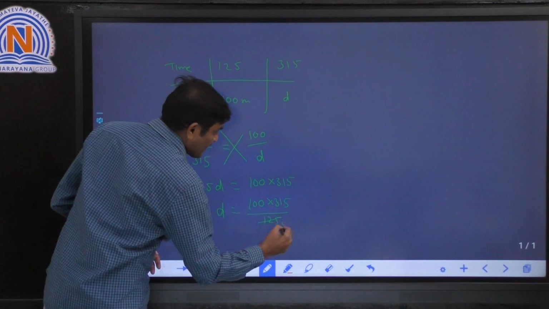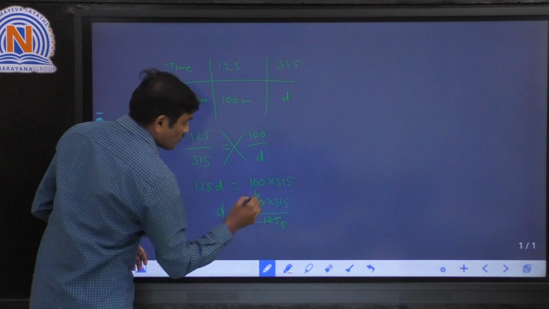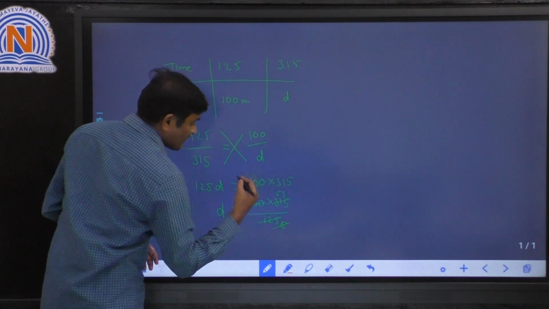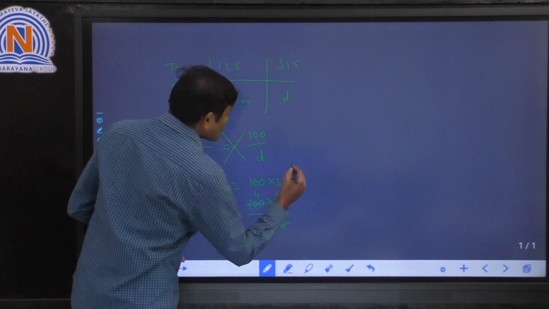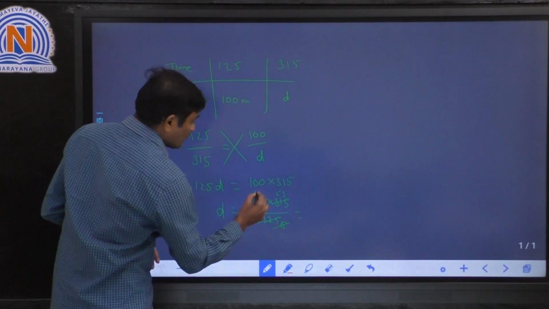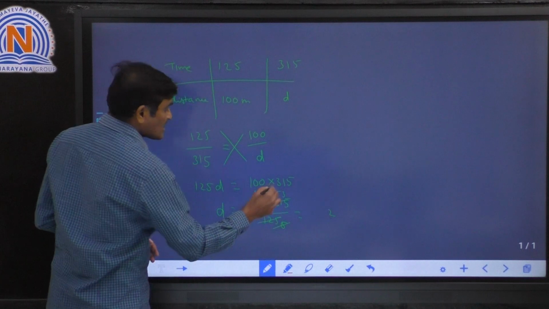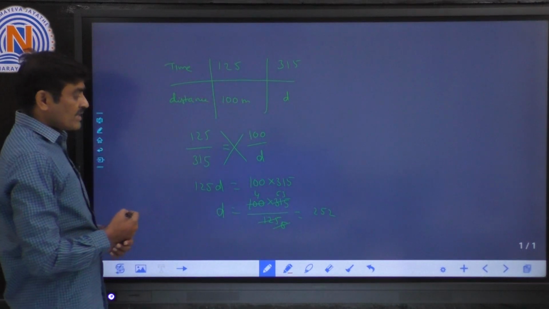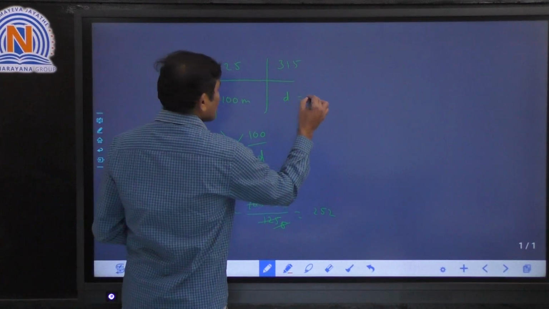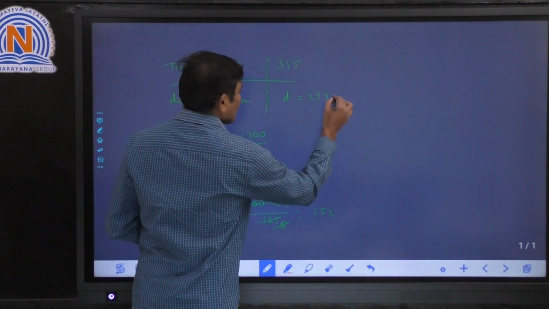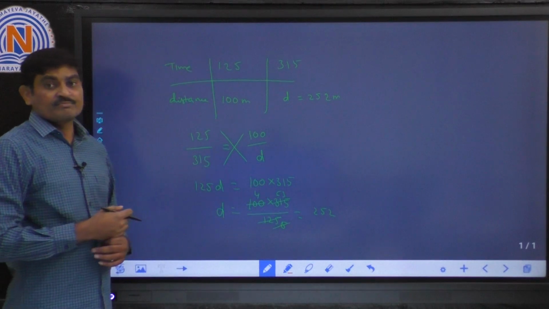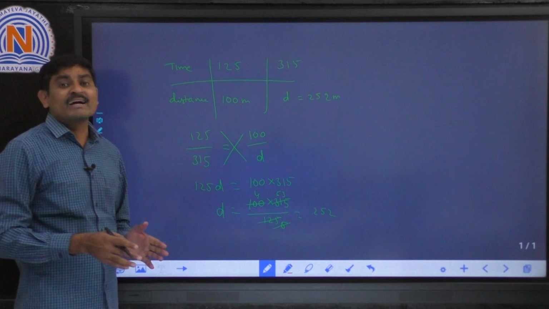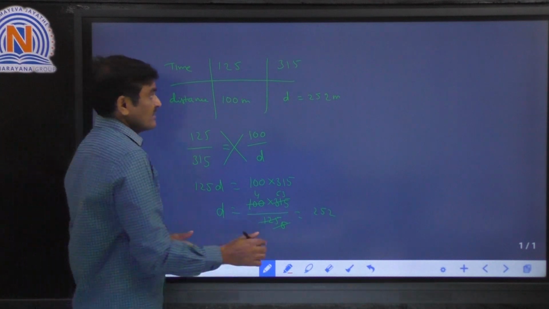Now 25 fives are 125, 25 fours are 100. Again 5 sixes are 30, 5 threes are 15. Now 4 into 63: 4 threes are 12, 4 sixes are 24 plus 1 is 25. So she covered 252 meters.